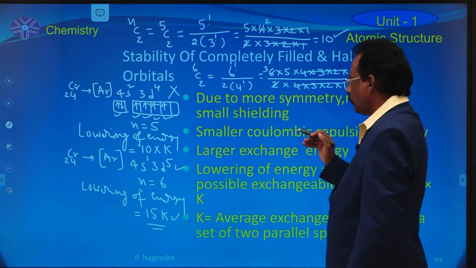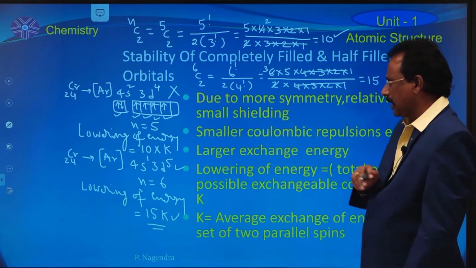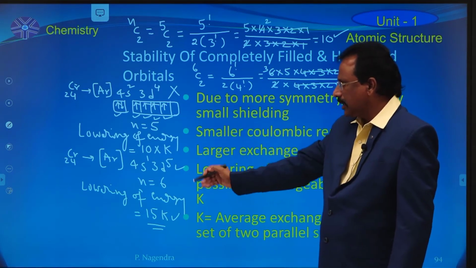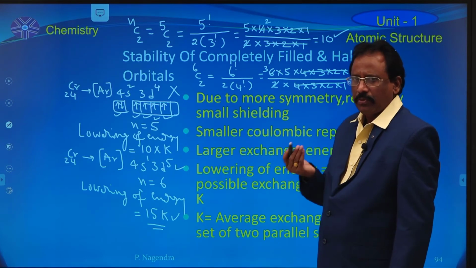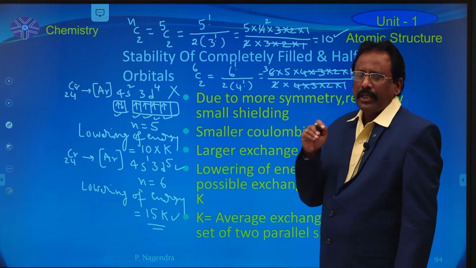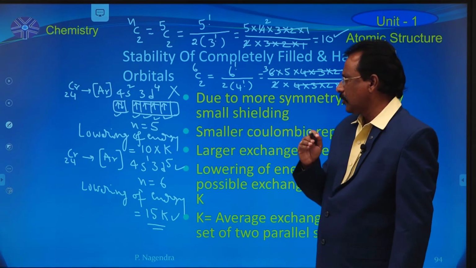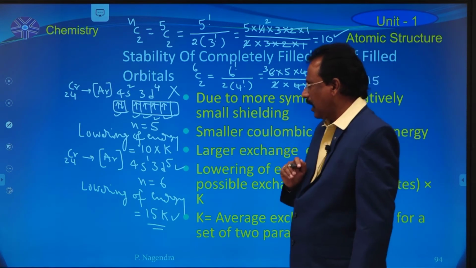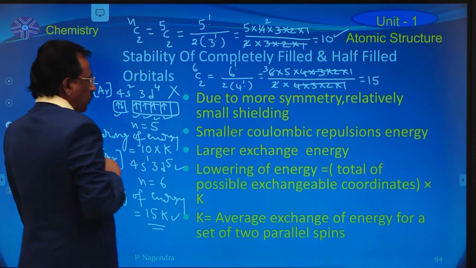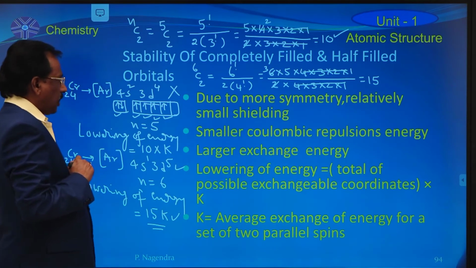So due to mutual exchange of electrons, lowering of energy is more when compared to the other case. In this case, lowering of energy is more. Lowering of energy is more means stability of that configuration is also more. That's why in the long form periodic table, both chromium and copper show anomalous electronic configuration.